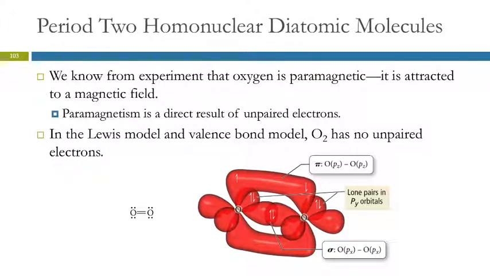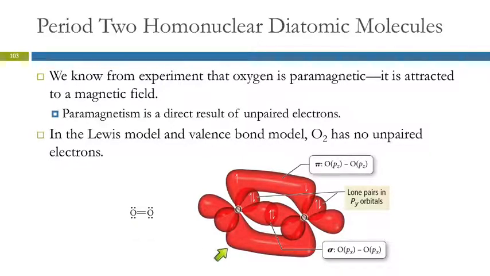So we know from experiment, we saw it, that oxygen's paramagnetic, right? When we look at the Lewis model and the valence bond model for oxygen, there's no unpaired electrons. So here's the Lewis model. All of those electrons are paired up, aren't they?